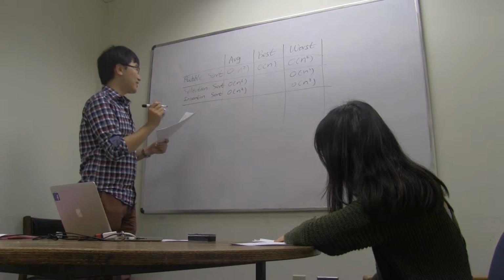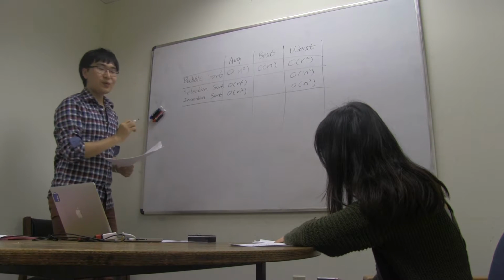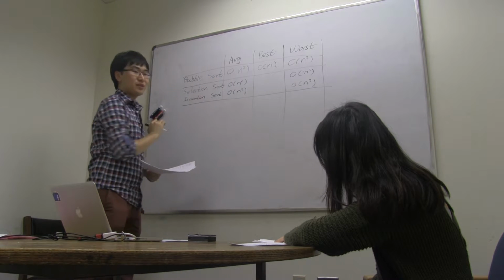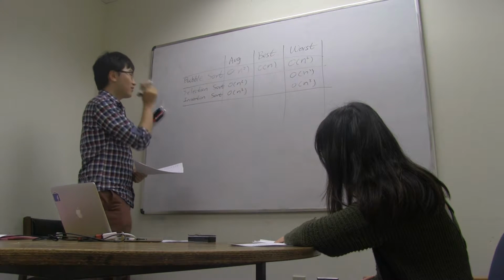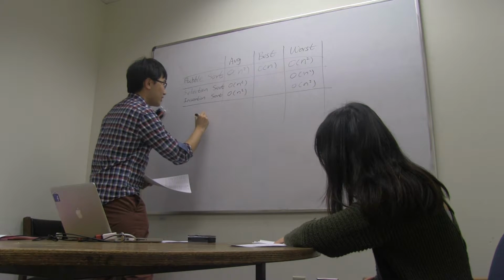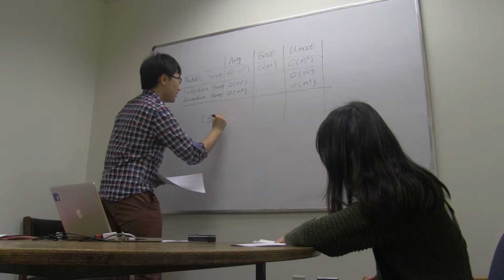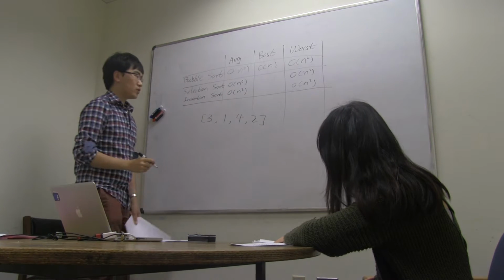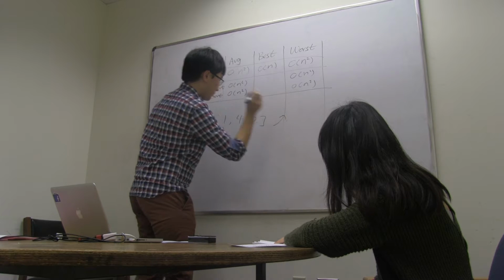So the point here is, what is selection sort? What are the differences between selection sort, bubble sort and insertion sort? Let's take a very easy example. The array is 3, 1, 4, 2, and we want to sort it ascendingly.